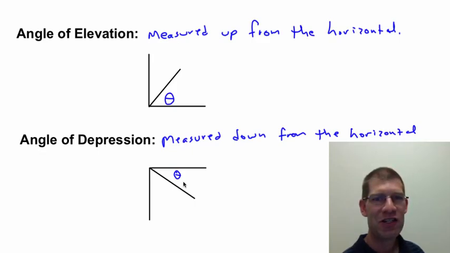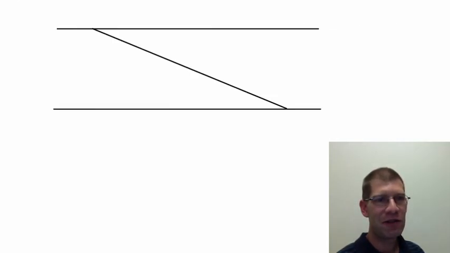Now, if you think back to geometry, if you have two parallel lines, and you have a line that crosses them, intersects them, angle of depression is going to be up here, and angle of elevation is going to be down here, and alternate interior angles are congruent.